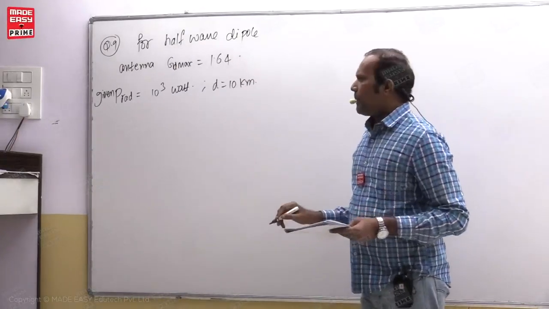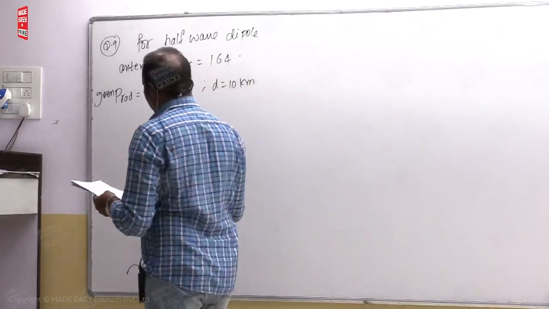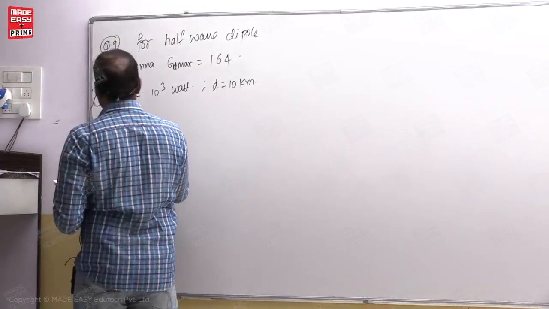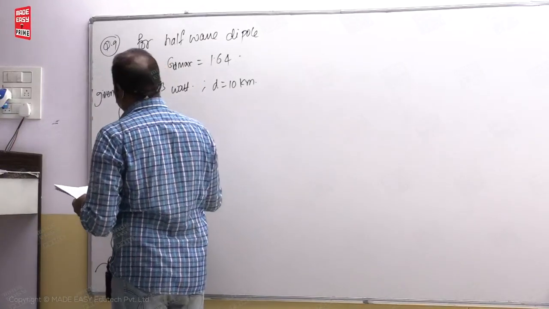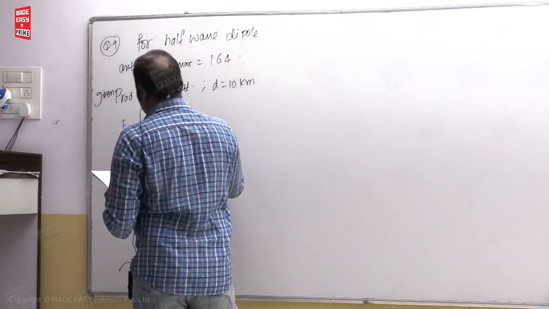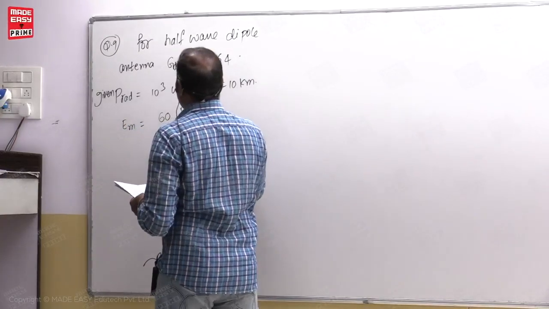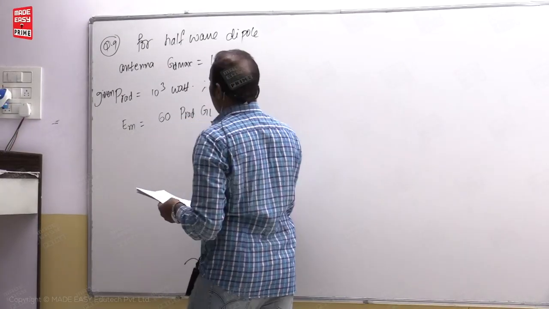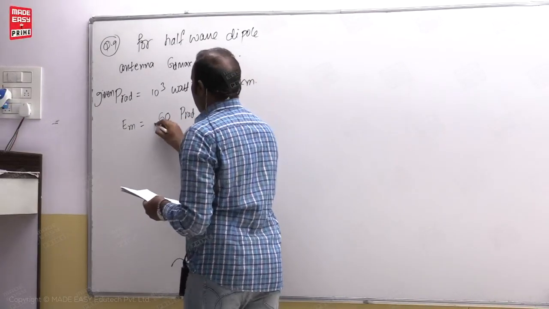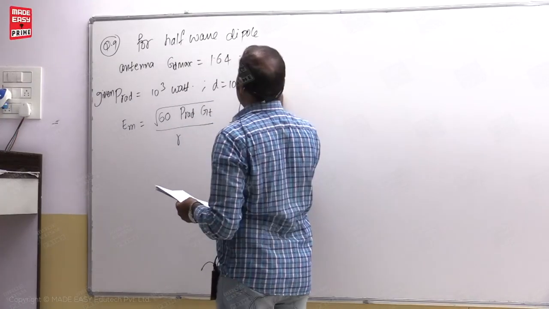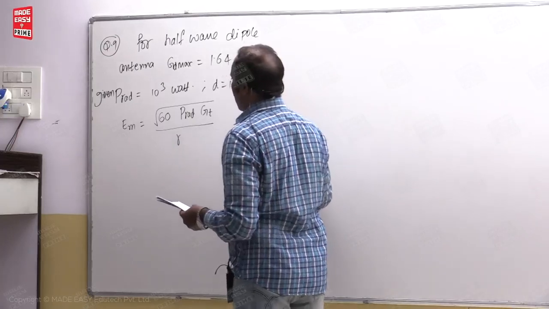Then he wanted the RMS value. I have derived one formula. Do you remember? First you take the maximum electric field, that is root of 60 into power radiated into gain of the transmitting antenna, divided by distance R, at which distance you want.